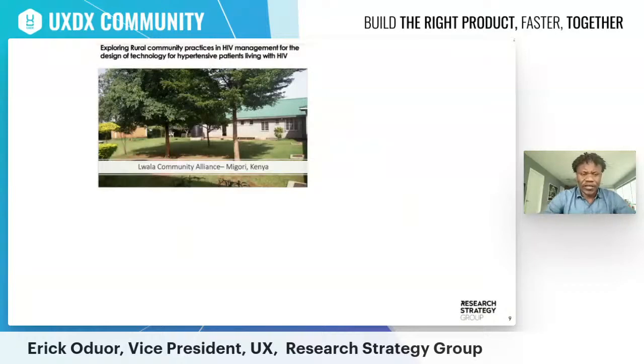So what you see here is a rural health facility in Kenya, and they were interested in understanding how technology could be used to solve challenges in the area of hypertension management. This is a research publication that we conducted, and you can see that we looked to explore the rural community practices in HIV management for the design of technology for hypertensive patients living with HIV.